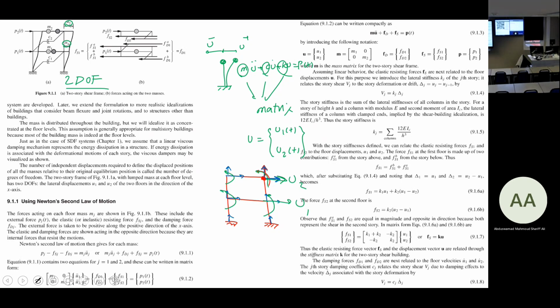You can assume that U1(t) works like a separate single degree of freedom system, and U2(t) works as a separate single degree of freedom system. Each of U1 and U2 is like the single degree of freedom case, but because we have a system with 2 degrees of freedom, we have 2 of them, U1 and U2.